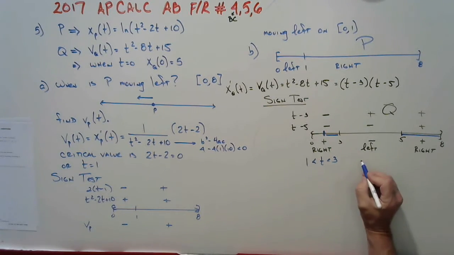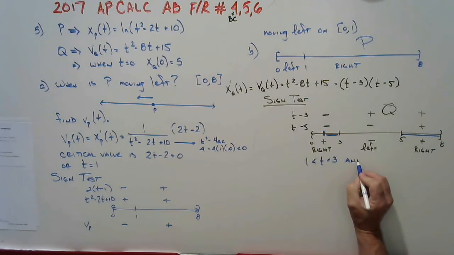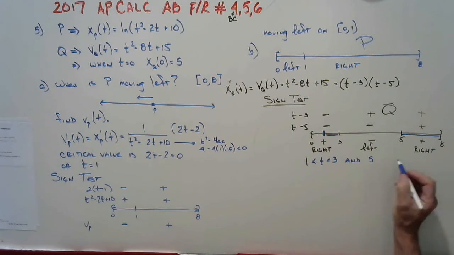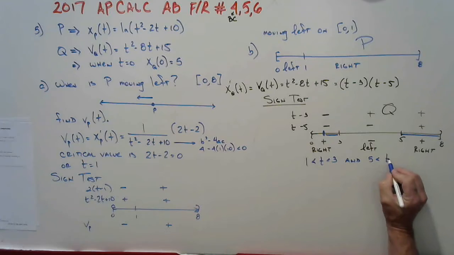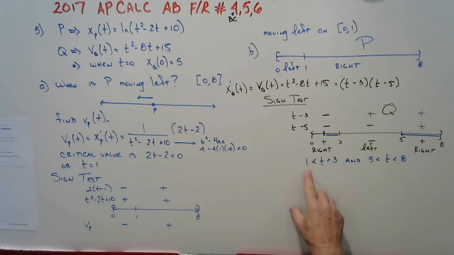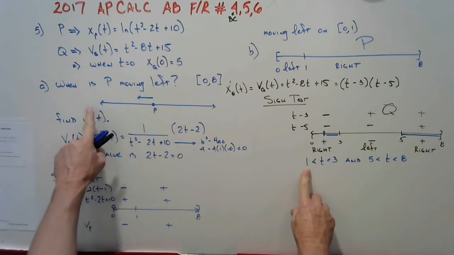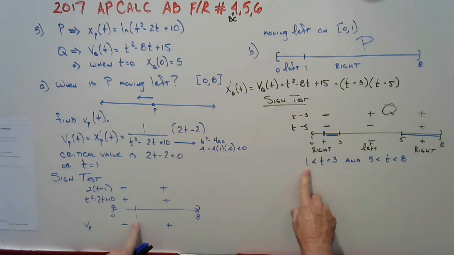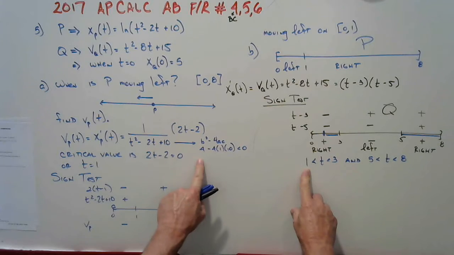And then what about 5 to 8? We have to ask ourselves, are we moving in the same direction at both of these times? Well, at time 1, particle P is stopped. That was our 0. Its velocity is 0.